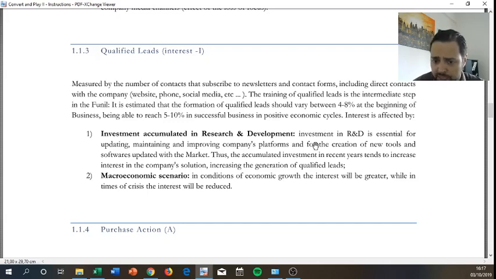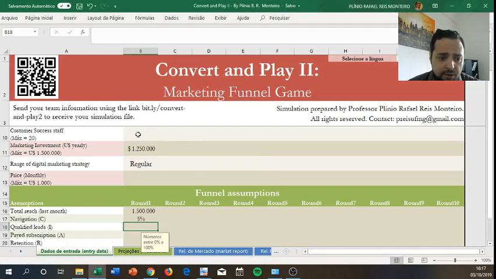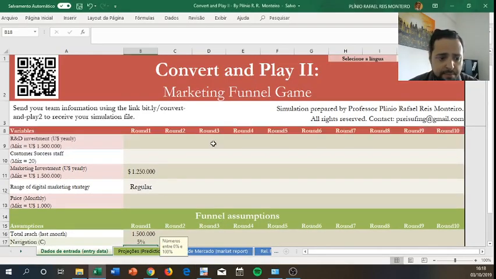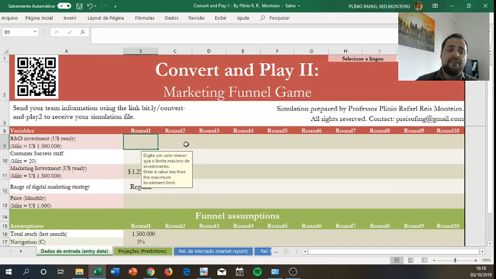So if you expect to have a very attractive service, you need to invest a lot in research and development. So in the beginning, you can invest at most $1.5 million in research and development.